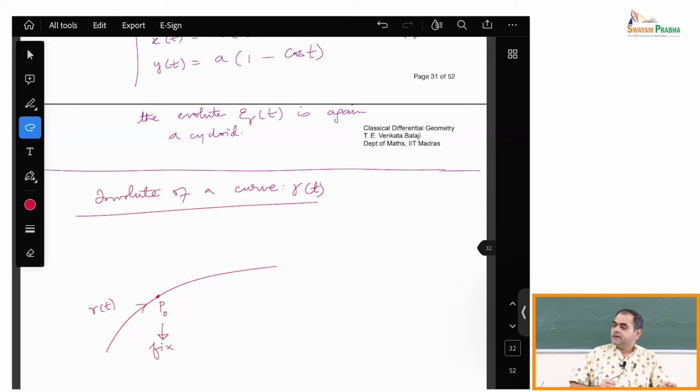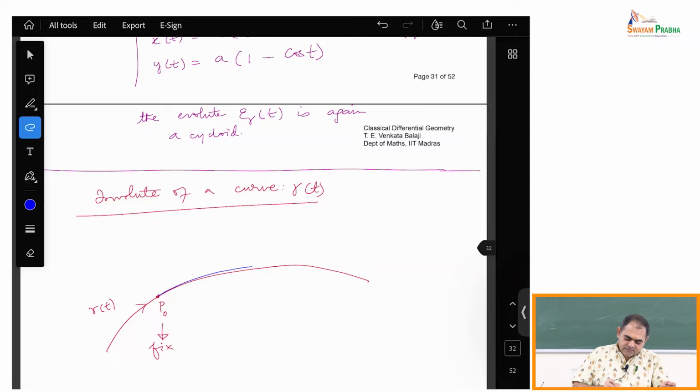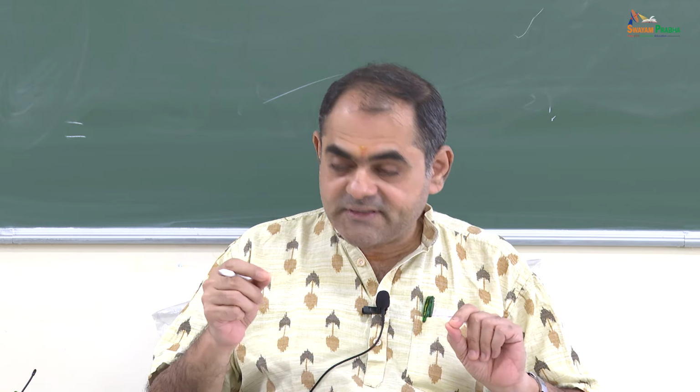I just take a portion of the curve, up to, let us say, a point q0, and let me assume that this length is L. So I am taking a segment of the curve, and therefore I am fixing the arc length.